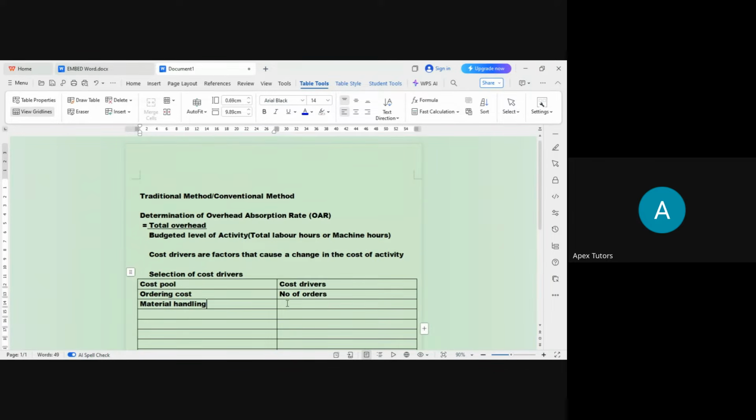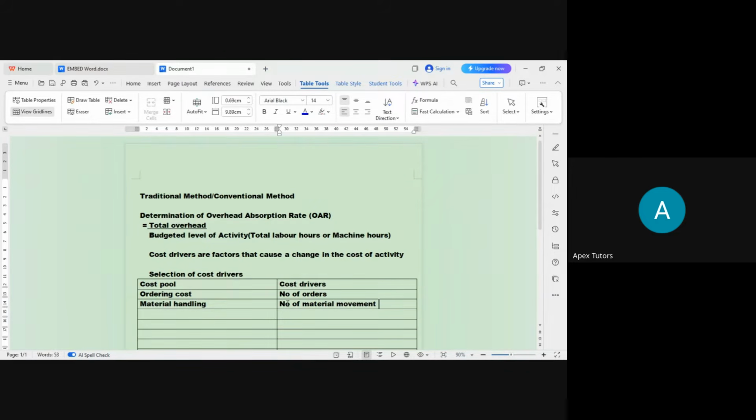So the number of times, which will be the number of material movements, will determine the cost of material handling.